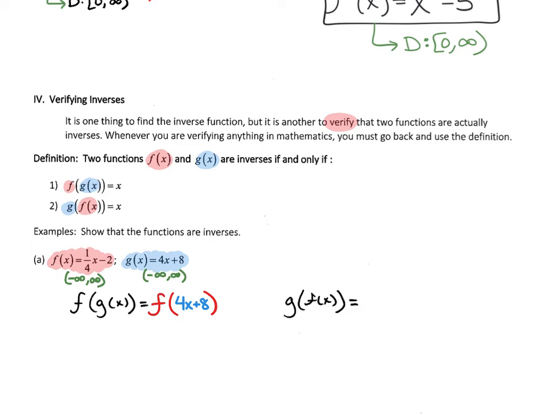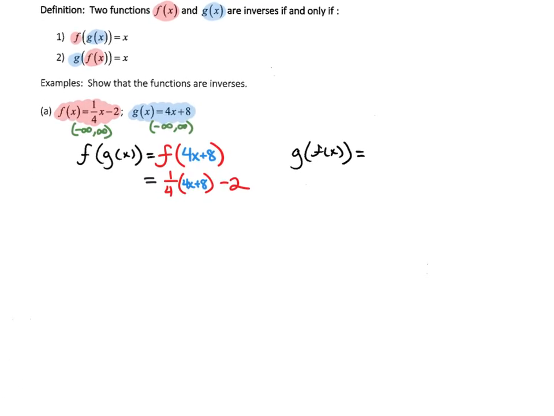So we do f of 4x plus 8, plugging 4x plus 8 in for x. This is just a simple distribution problem. One fourth times 4x is x, one fourth times 8 is 2, and then x plus 2 minus 2 is simply x.